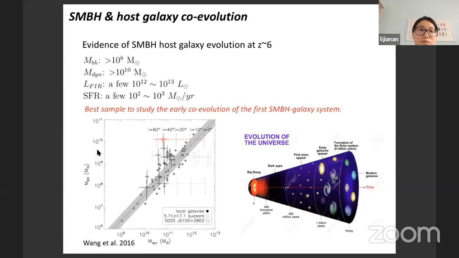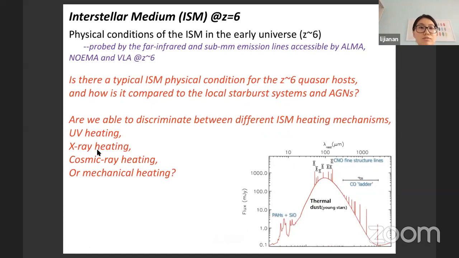We already know that observations of quasars at the highest redshift are essential for our understanding of the coevolution between supermassive black holes and host galaxies, especially observations of the interstellar medium at redshift 6, because the interstellar medium is directly exposed to the radiation field of both the UV photons from star formation and the very luminous quasars. So studying the physical conditions of this interstellar medium will also help our understanding of the coevolution.